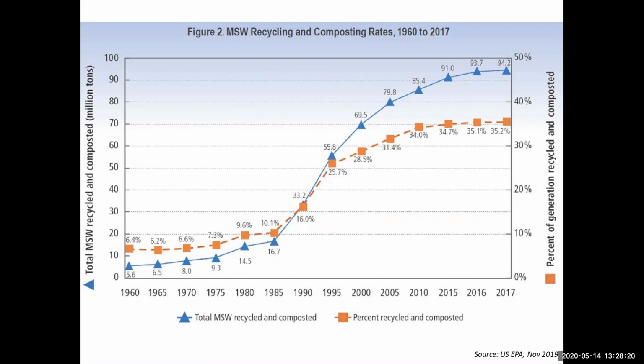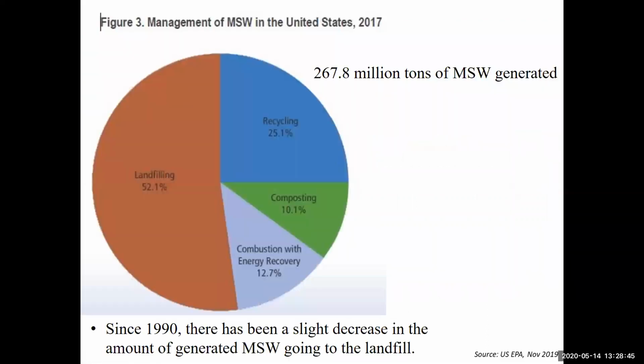So if we look at this blue line here, we can see that about 94 million tons of municipal solid waste was either recycled or composted. So this means that about 35% of that generated waste stream was diverted from being sent to the landfill thanks to recycling and composting efforts.